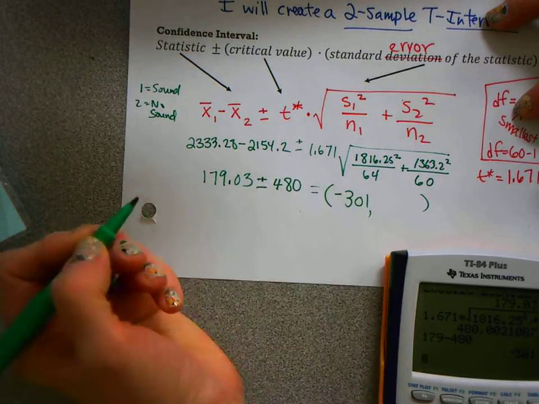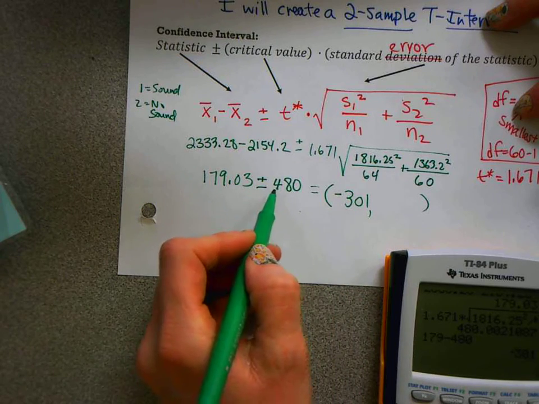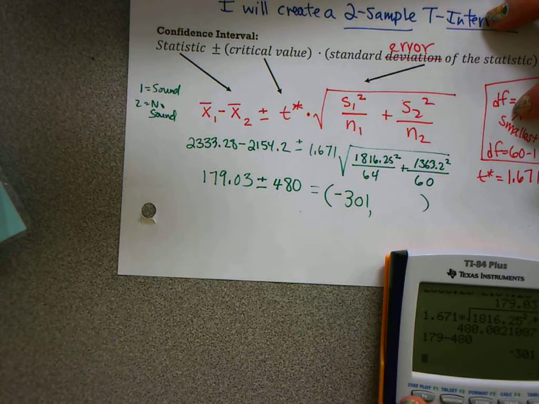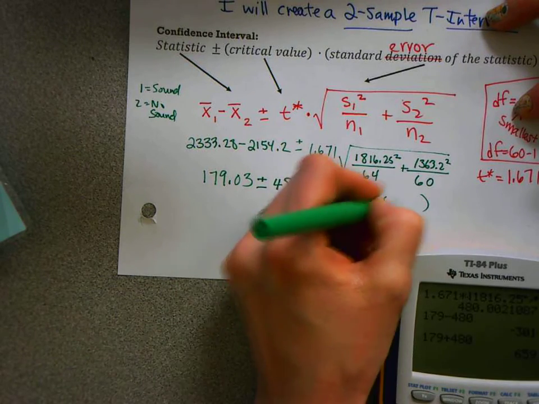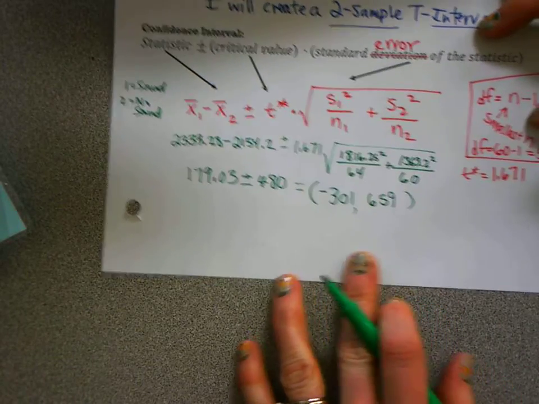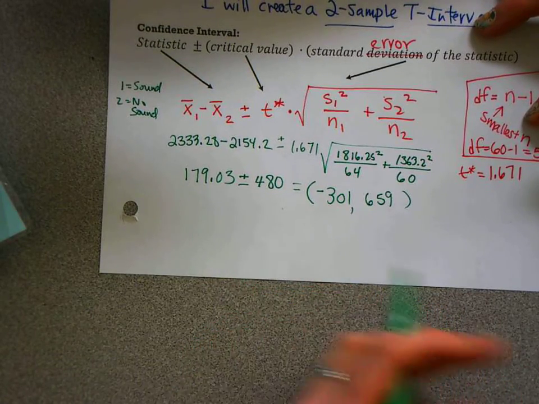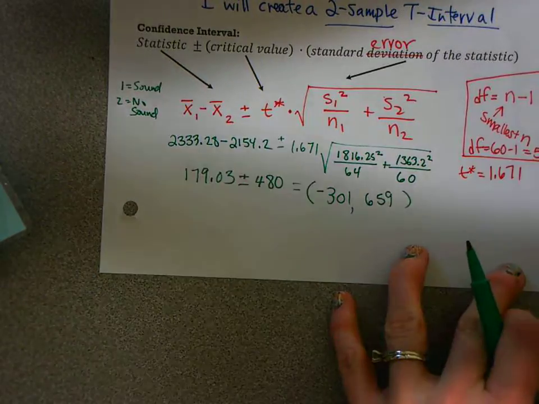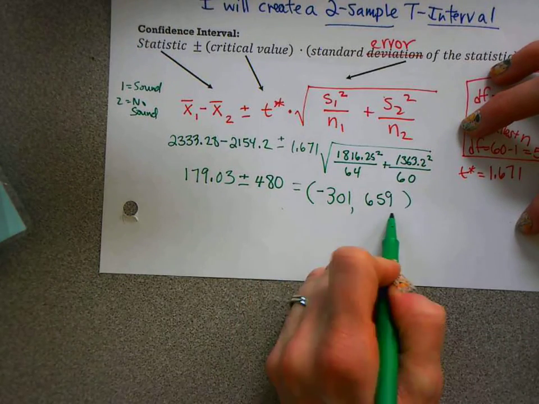And then if we go up and add the 480, we get 659. So that's actually not very exciting. We were hoping to prove that one way or the other was the better way to play, but because the interval goes from negative to positive, it's what we call inconclusive.